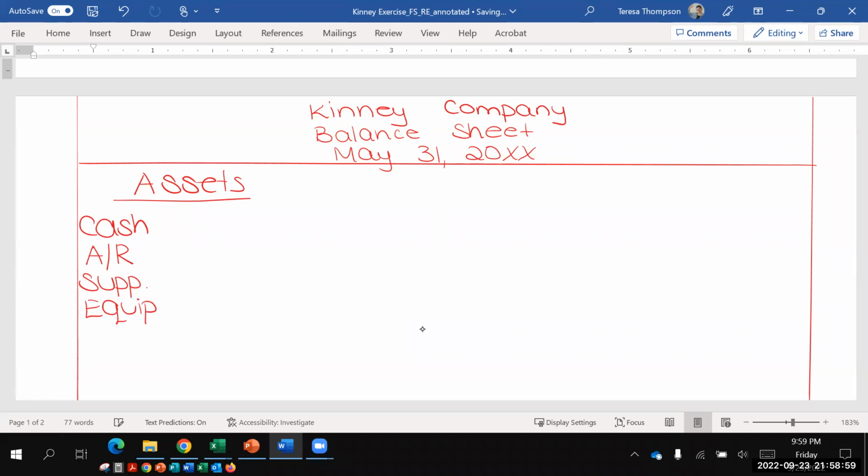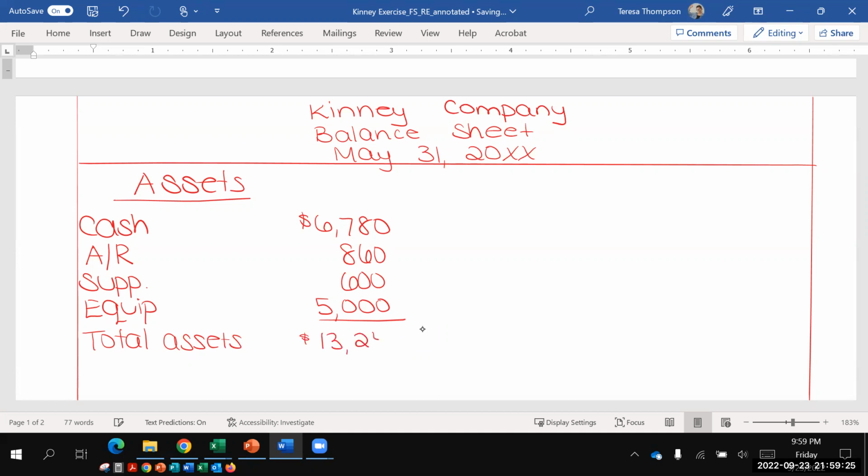Bring those amounts down. Cash 6780, AR 860, supplies 600, and equipment 5,000. It's good to see that cash is their biggest asset out of all of them. Let's go ahead and total it up. Total assets. You should get 13,240.